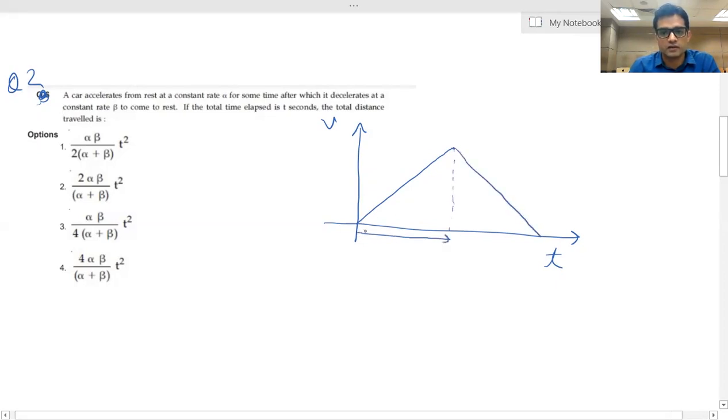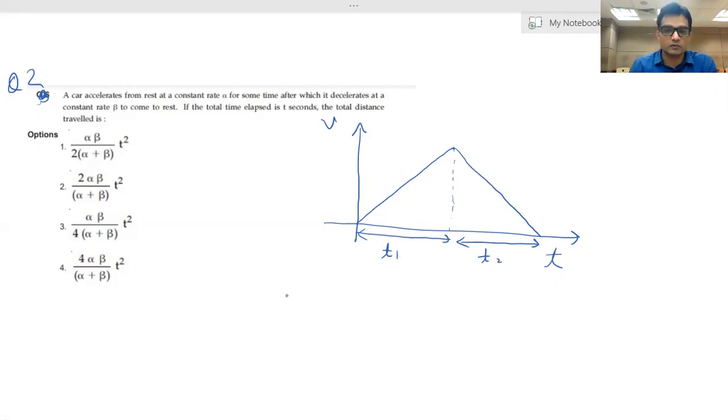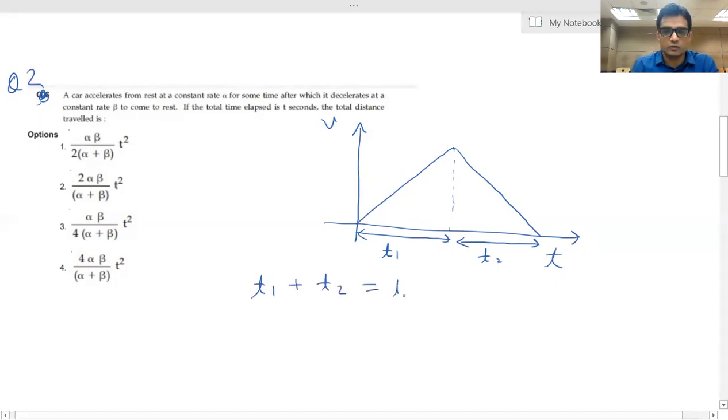So this is time t1 and this is time t2. It is not mentioned in the question. I am assuming that it is accelerating for t1 time and decelerating for t2 time. It is given that the sum of these two times, t1 plus t2, is equal to t, and we have to find total distance traveled.